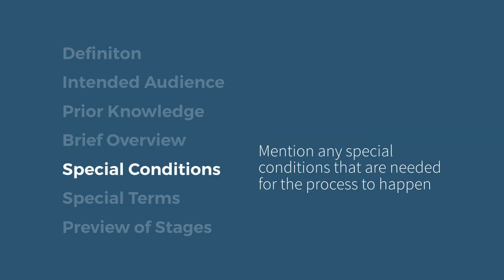Then special conditions. This is another one of the new things. These are conditions that you must have in order for the process to work, but they are not actually part of the process. So an example of this might be if you wanted to register for a website. In order to do that, you would have to have a working internet connection.